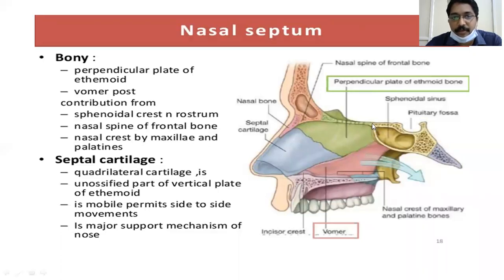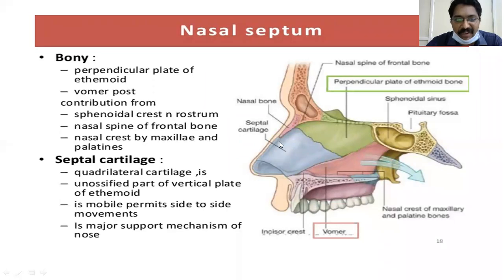Okay, sphenoid crest and rostrum also form it, and you can see just above the palatine bone, the nasal crest of the maxillary and palatine bones. This crest also forms the nasal septum. These three, nasal spine of frontal bone and sphenoid crest, and apart from that, the nasal crest of the maxillary and palatine bones form the complete nasal septum.